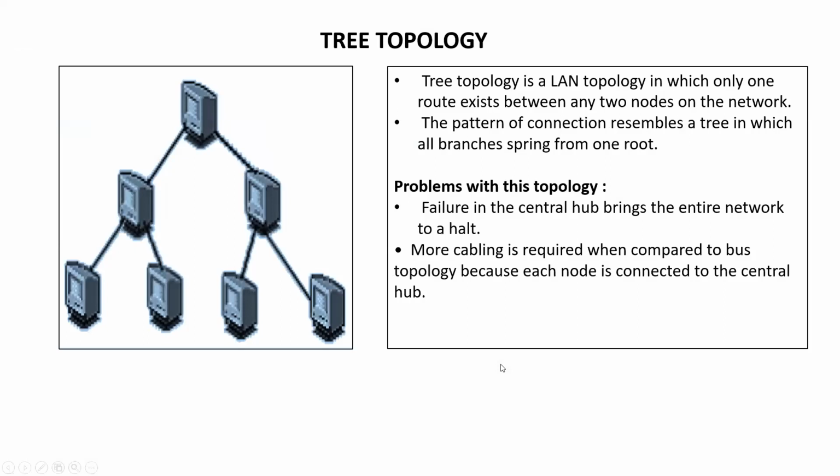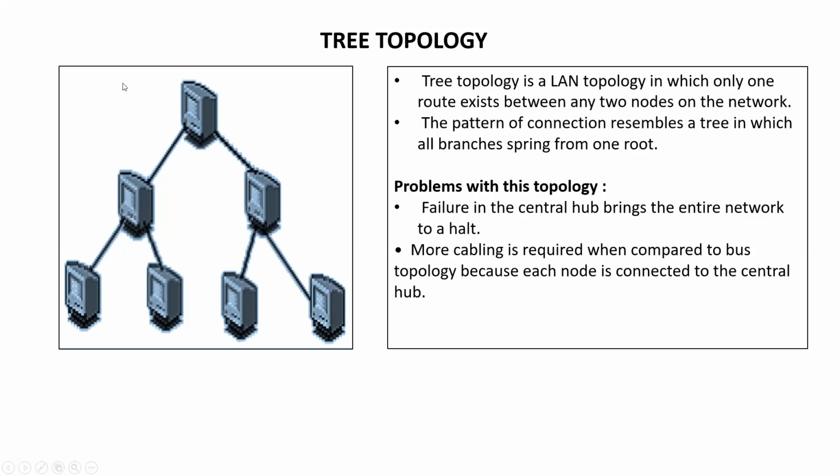Next topology is the tree topology. So what is that? From the diagram, it is clear that a tree topology is a sort of structure in which each node is related to the others in a hierarchy.